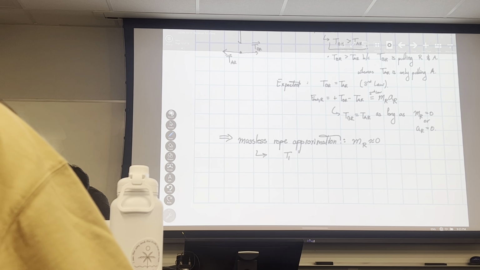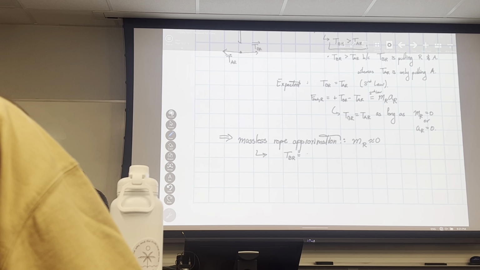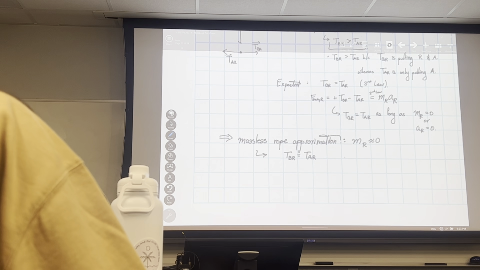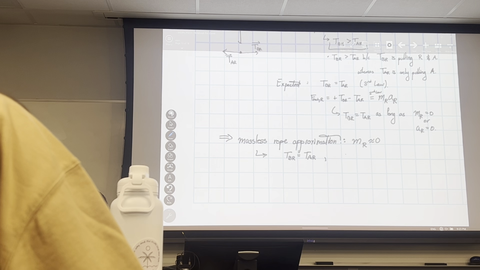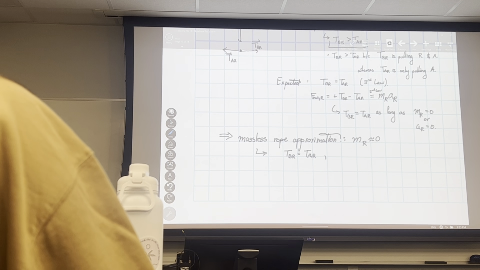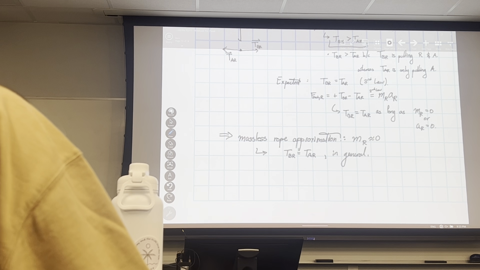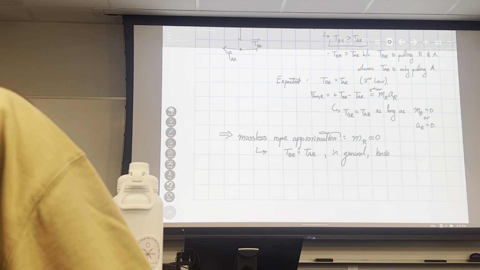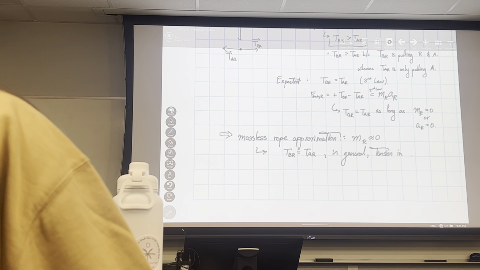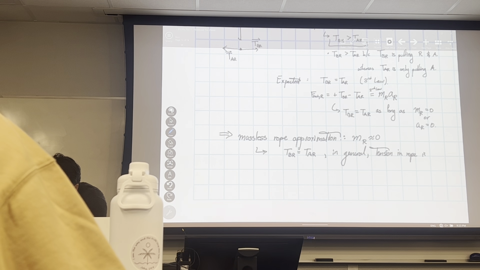So TBR is equal to TAR essentially, or in general, tension in rope is constant.